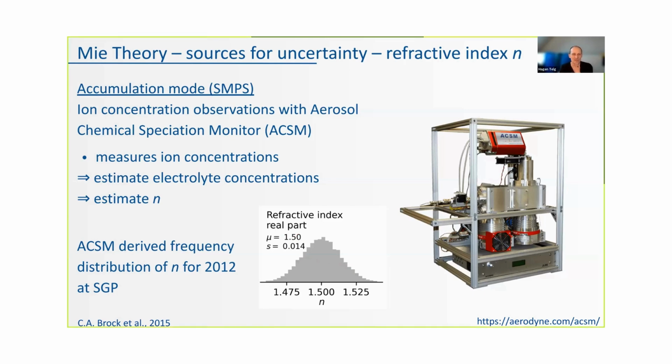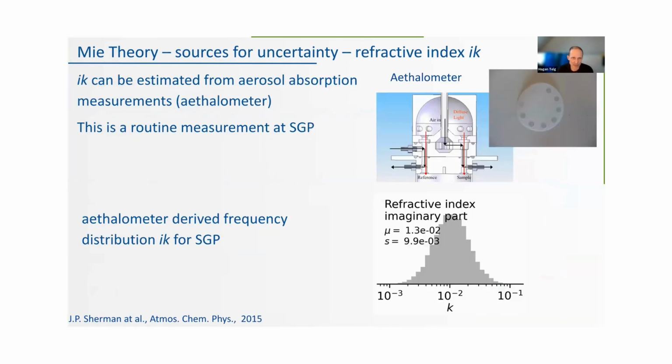When it comes to the imaginary part of the refractive index, we have to use a different instrument. There's another instrument at SGP that is measuring on a routine basis, which is the aethalometer. I mentioned it earlier. It's a rather simple principle. You just run your aerosol through a little filter, like shown on the right here.